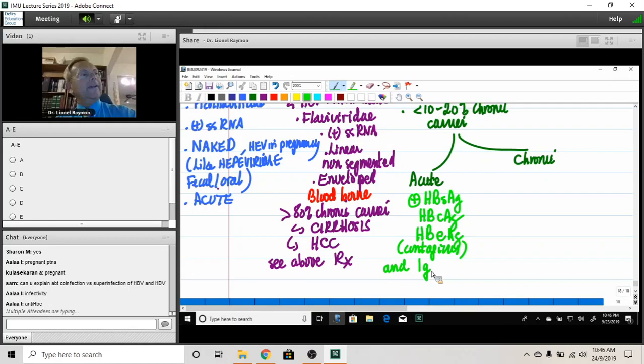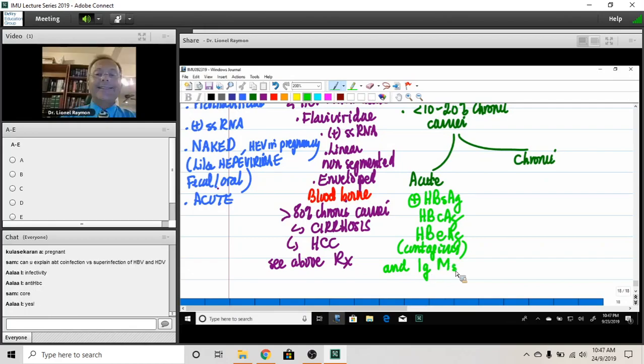So look, contrast in chronic hepatitis B. In chronic hepatitis B, what you'll still see is positive HBs antigen. But now they've been positive for more than 6 months. Wow, that's a lot.